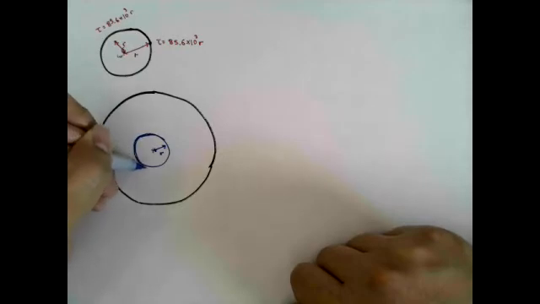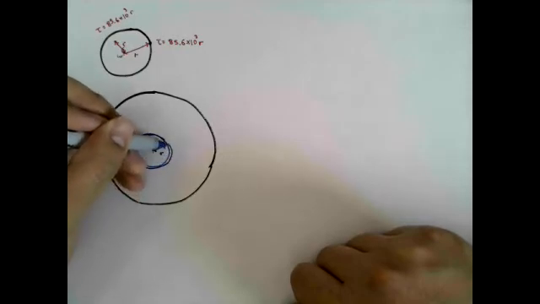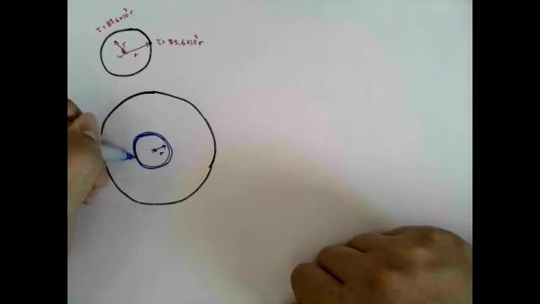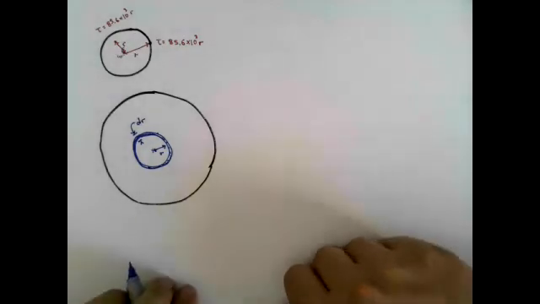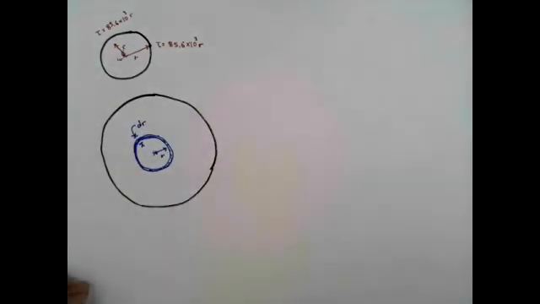So this is a tiny element. Imagine that I drew a tiny element, and this element has a thickness dr, a really small thickness, so small that we can't even begin to quantify it with numbers.